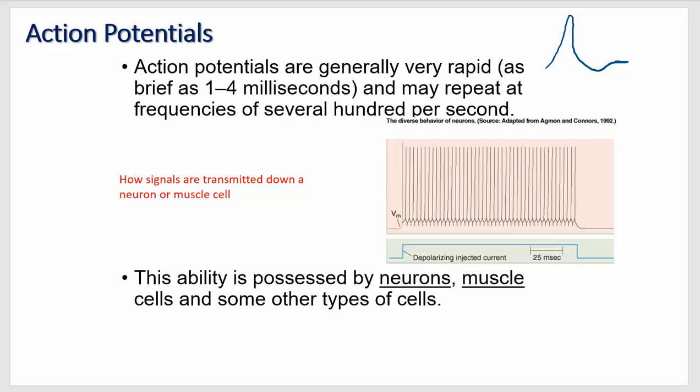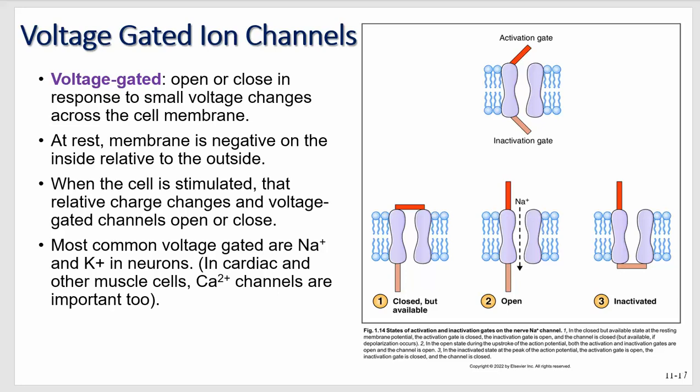Okay, that's how quickly this takes place. So that's kind of what this is showing you. So there's 25 milliseconds, which is a quarter of a second, or less than that. And you can already see how many of these action potentials or depolarization events can happen. So this ability is possessed by neurons, muscle cells, and some other kinds of cells that can also participate. So how does this do this?